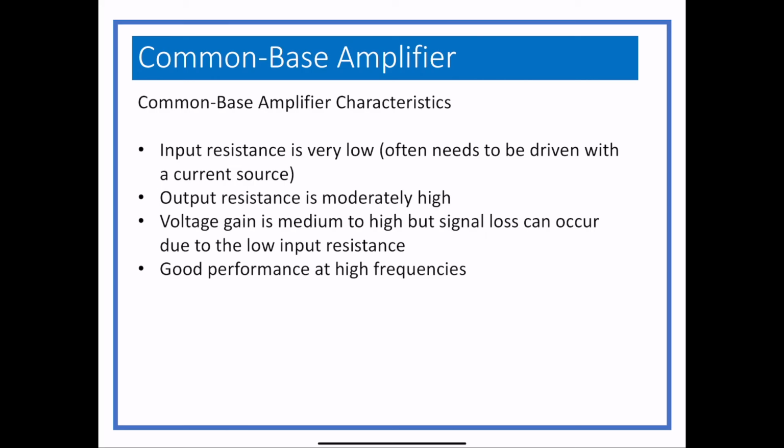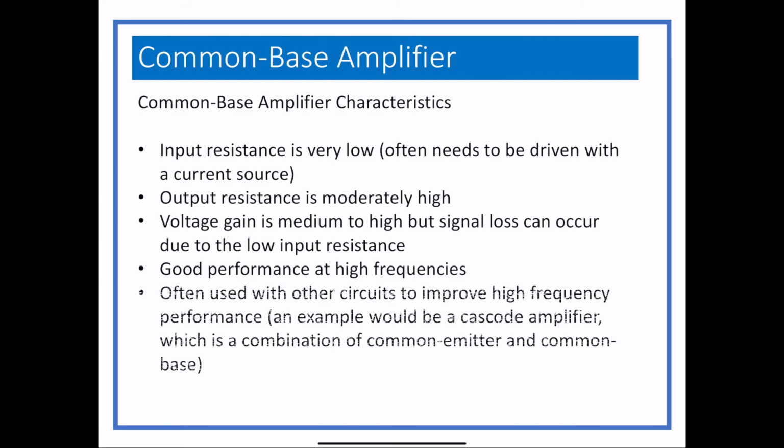So what is generally done is it's used in combination with something else. I talked about cascode amplifiers last time when I talked about common gates, but basically it's a common emitter connected directly to a common base. The common emitter is designed such that it has a gain of -1, and then it's connected to the common base.